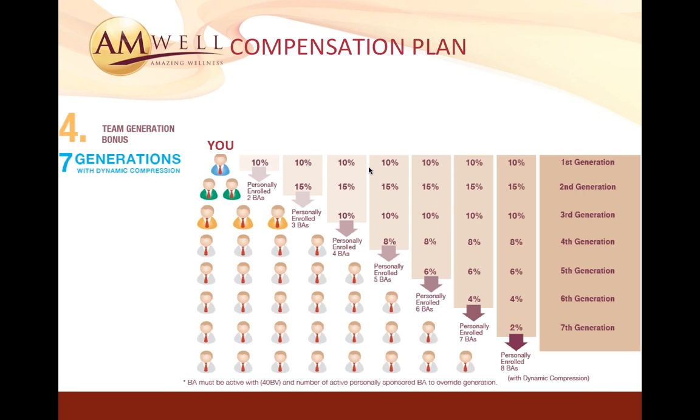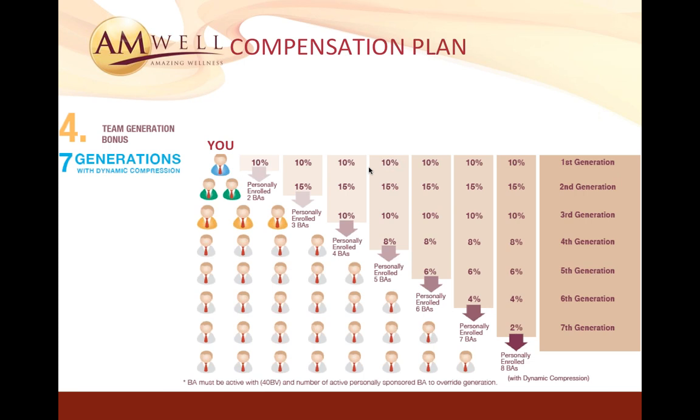I'll say again, in order for you to receive first generation TGB, you have to personally sponsor at least 2 members who are active. Remember what I said before, you don't have to purchase anything, they don't have to purchase anything, they just need to be active. So if they have retail customers, or if they're signing new people up, that's great, they're also considered active for the month.